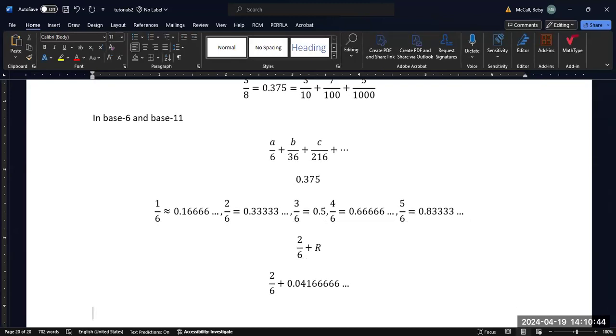So now we're going to move on to multiples of 1/36. And again, we only get 0, 1, 2, 3, 4, and 5 multiples of 1/36.